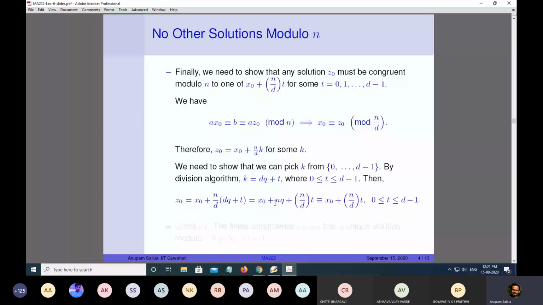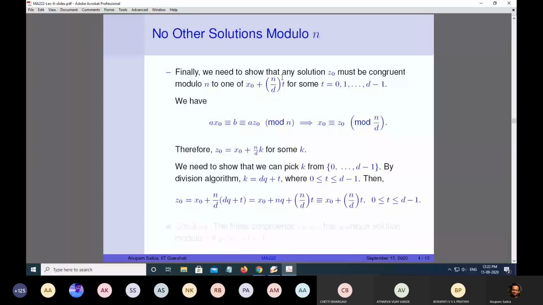And remember that this t, being a remainder upon division by d, is between 0 and d minus 1. So it is n by d times t, where t is in the desired range. So any solution we take can be captured by this mod n. Okay, so that's all we need.